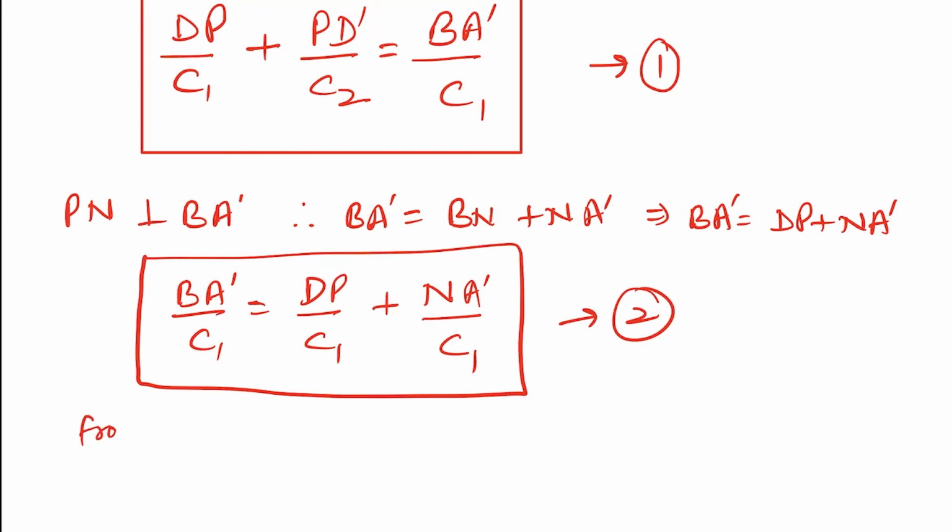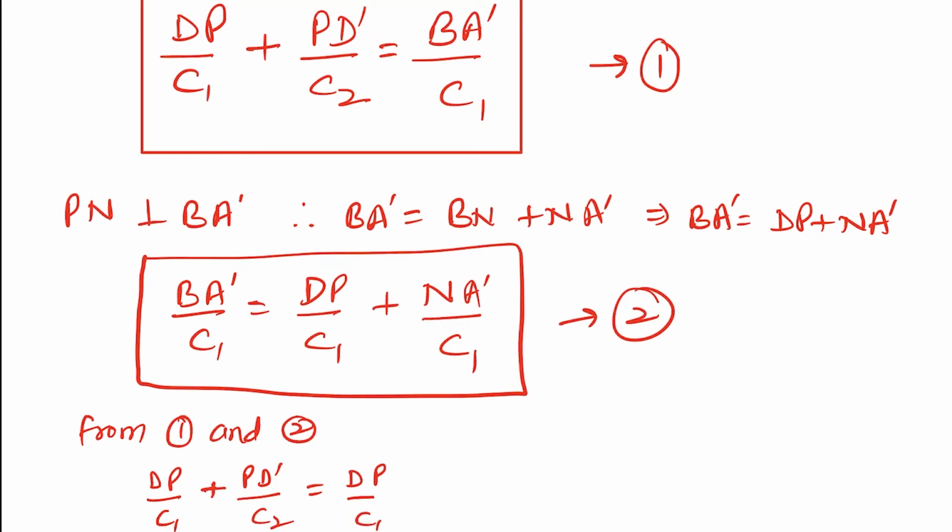Now from 1 and 2, dP by C1 plus PD dash by C2 is equal to dP by C1 plus NA dash by C1.